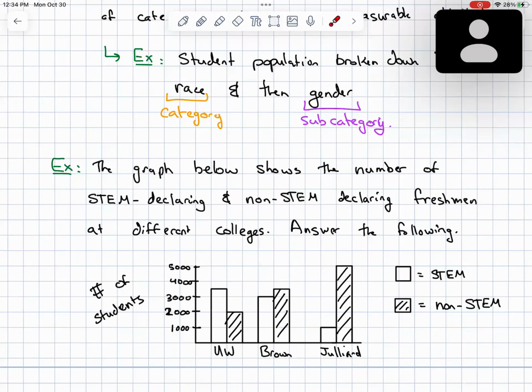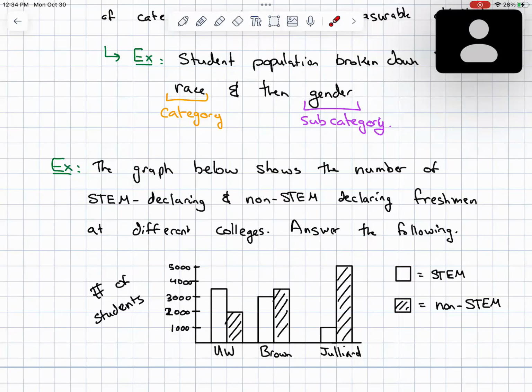Another thing would be, instead of non-STEM versus STEM, we could have each category have three things based on gender: male, female, other, or non-binary. You could do a lot of different things. You could do it like we did cell phone batteries just a second ago, but instead of each category being a different phone, it could be a different company, and then within the company there are different phone models.